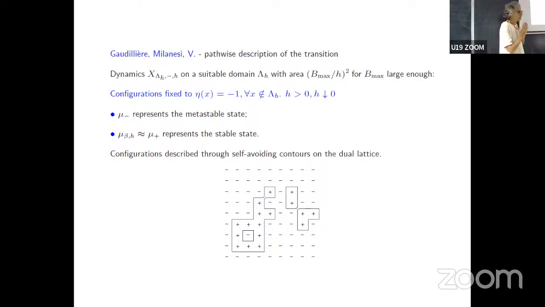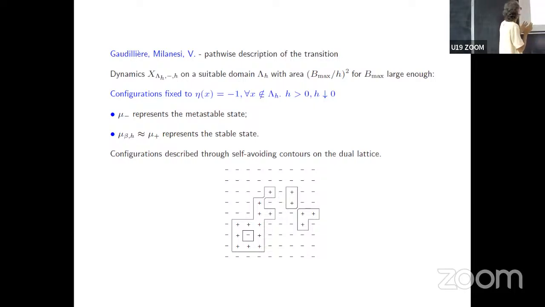And that was something with Alex Gaudillière, which I already mentioned before, and Paolo Milanesi, who was his student from Marseille. Can we give the pathwise description of the transition in the hysteresis loop?